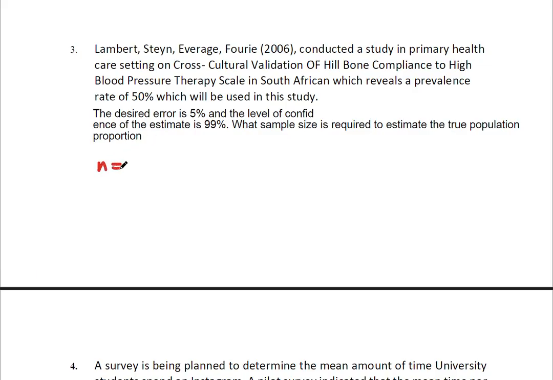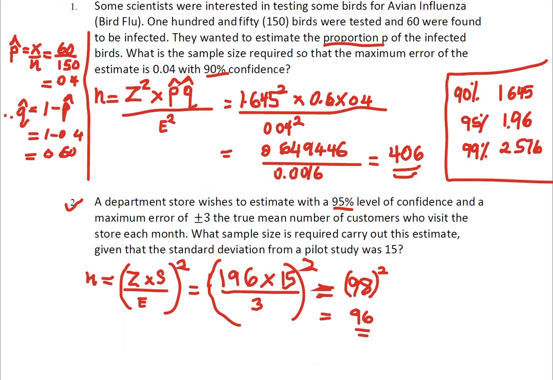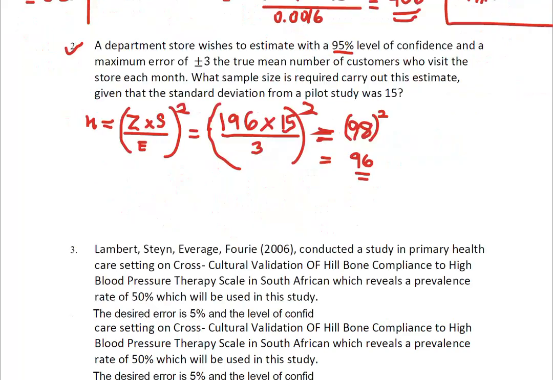So we're going to use the formula that we used in number 1, which is n equals z squared multiplied by p hat q hat all divided by the error term squared, or the maximum error. Since the level of confidence that is being used here is 99%, then we must remember that the z value for 99% is 2.576, or 2.58 is fine.